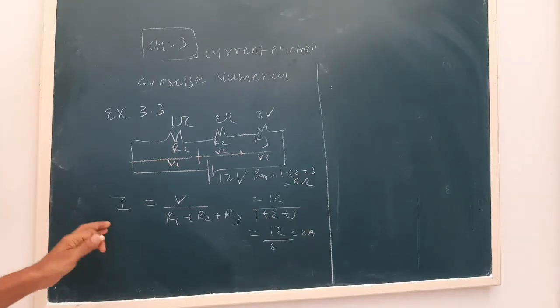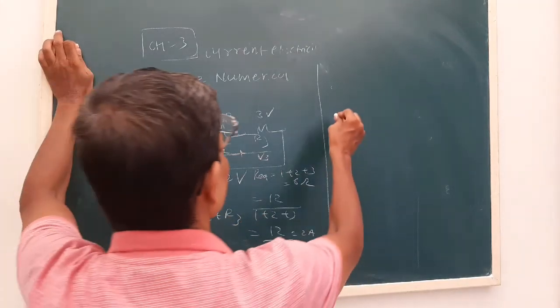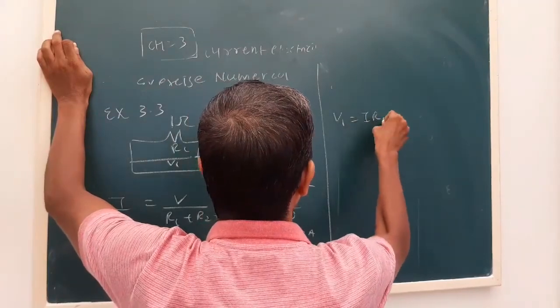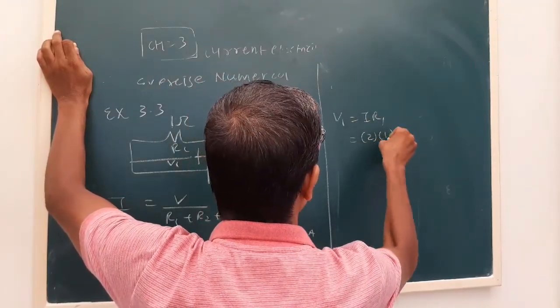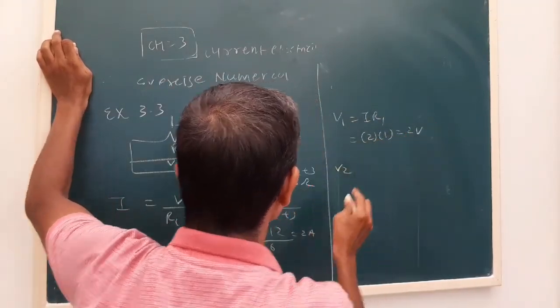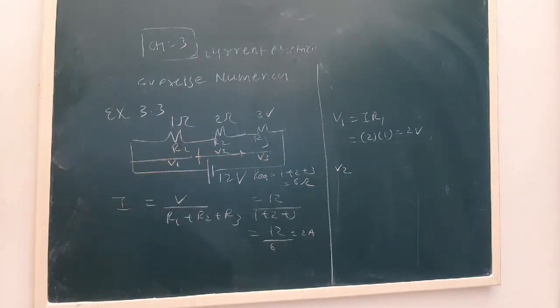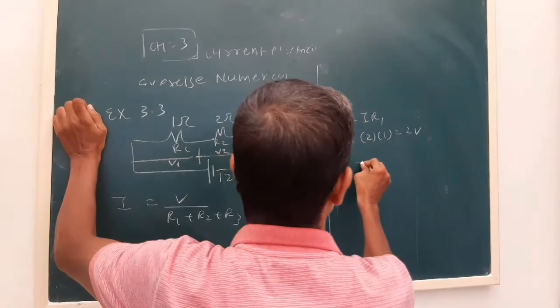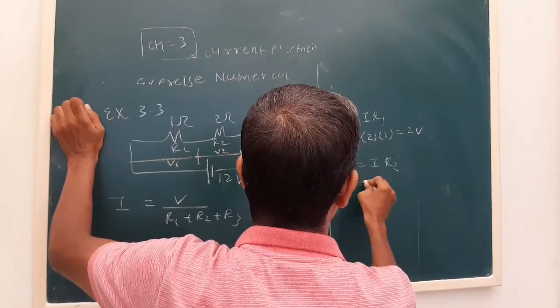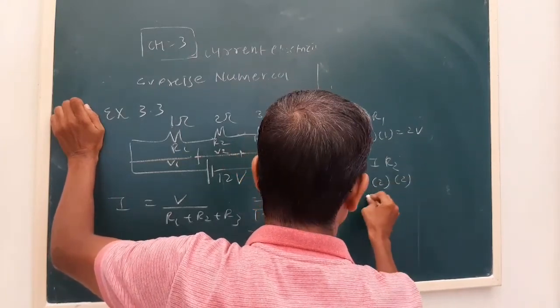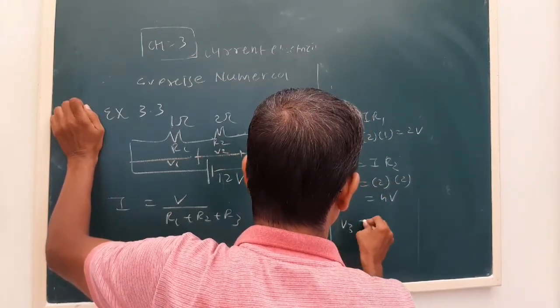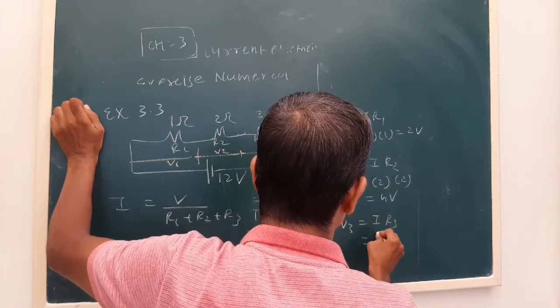See, the current is I equal to V upon R equivalent. Now voltage V1 will be I R1, 2 into 1, 2 volt. The voltage across R2 is I into R2, I is 2. V3 is I into R3.